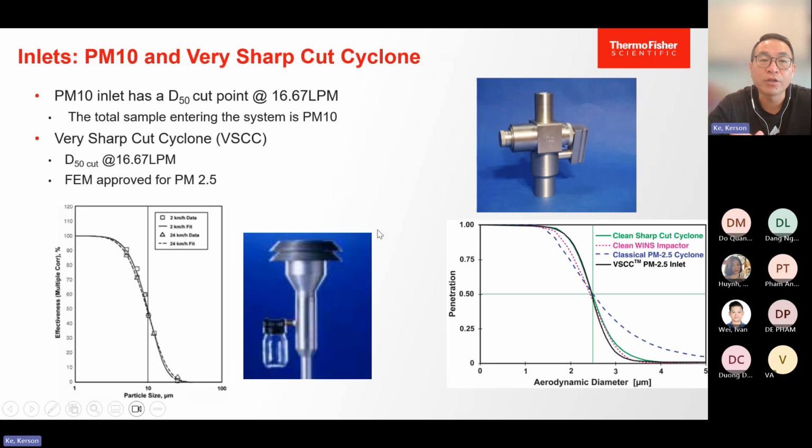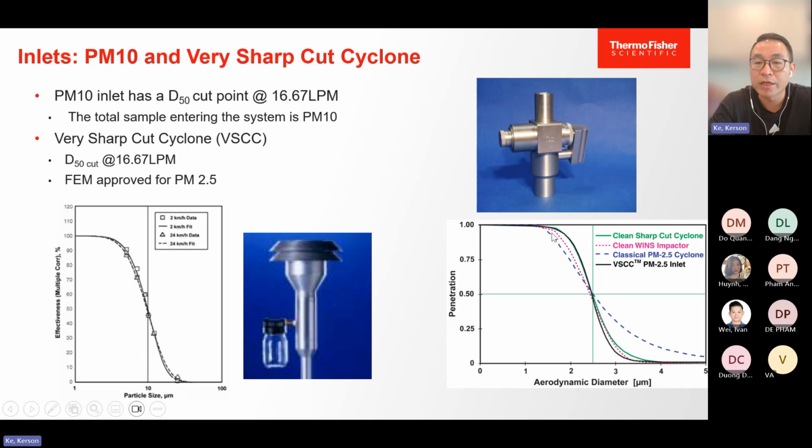So if we talk about PM2.5 and PM10, this is the standard, almost the FEM method used currently. For PM10, it's the aerodynamic diameter at 50%, so the cut point is always at 16.67 liters per minute, and we get the PM10. After PM10, there is a cyclone. For PM2.5, it's called VSCC, very sharp cut cyclone.